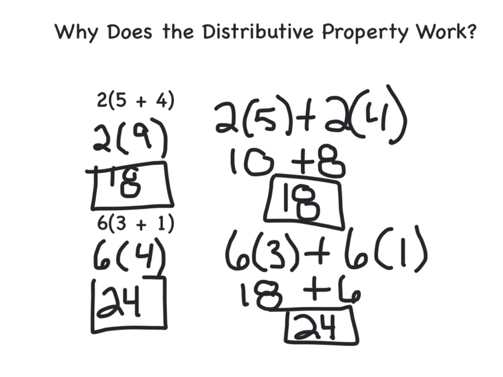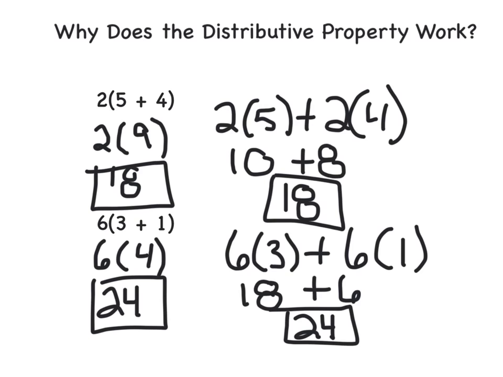So this is the basic idea of the distributive property. It says that I can take what's in a parentheses and multiply each individual term. And remember, a term is just each section of an expression, and be able to still get to the same answer, whether I did order of operations or if I distribute.